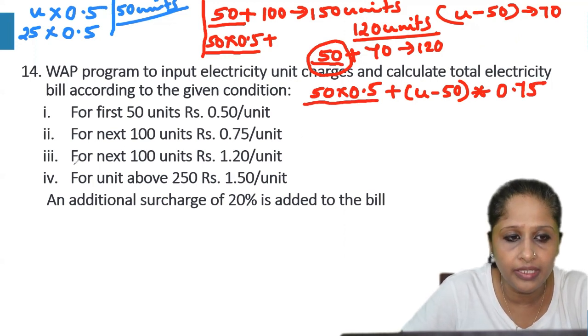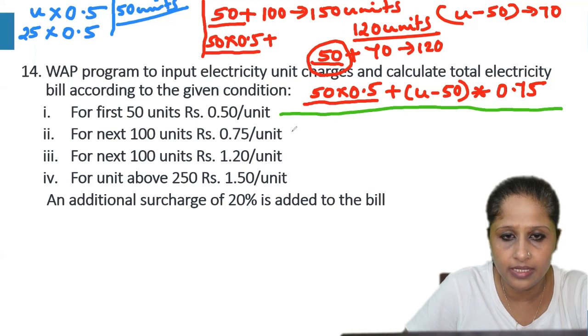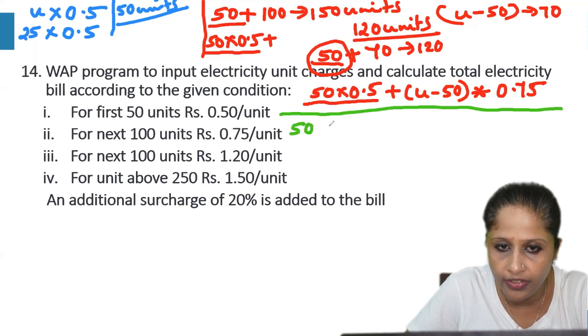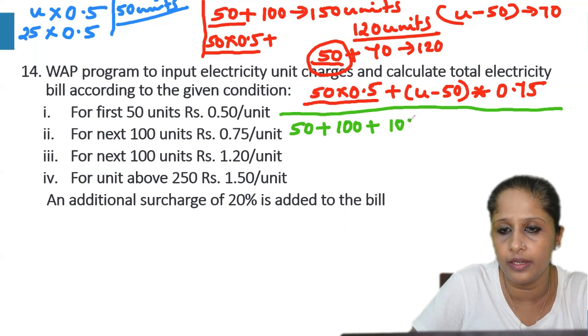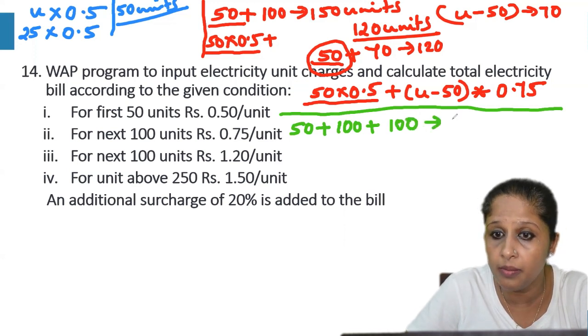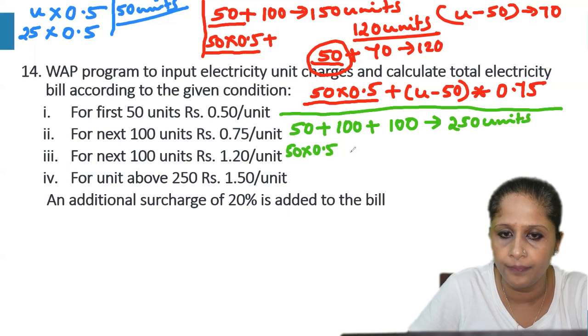Now we have the third condition. For the next 100 units it is rupees 1.2 per unit. So we already have 50 units plus 100 units, then again 100 units, so the maximum will be 250 units. For the first 50 it is 50 into 0.5. Then for the next 100 it is 100 into 0.75.